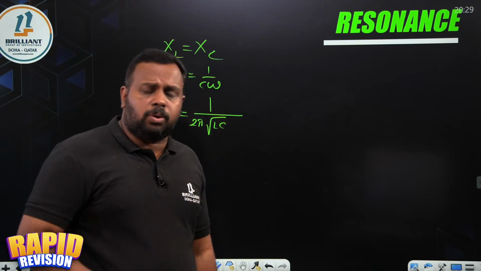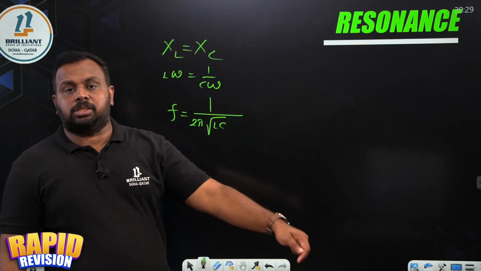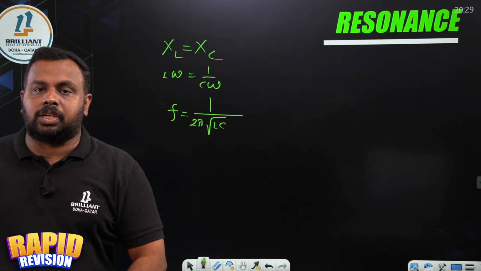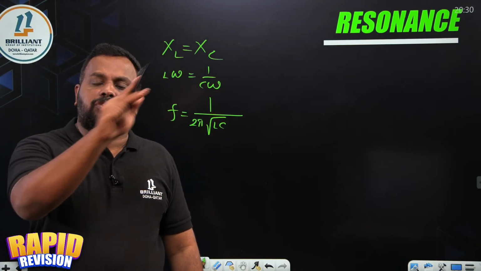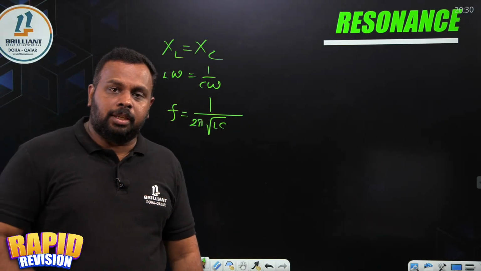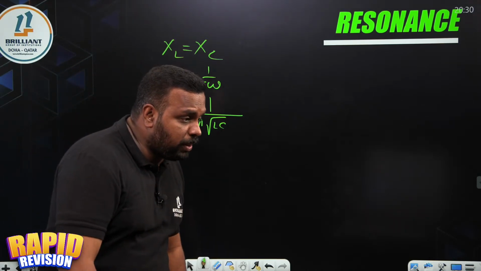So a question can be asked like that: under which condition will a series LCR circuit behave like a pure resistive circuit? The answer is at resonance. And if it is behaving like a pure resistive circuit, what is the phase difference between current and voltage? These are all probable multiple choice questions.